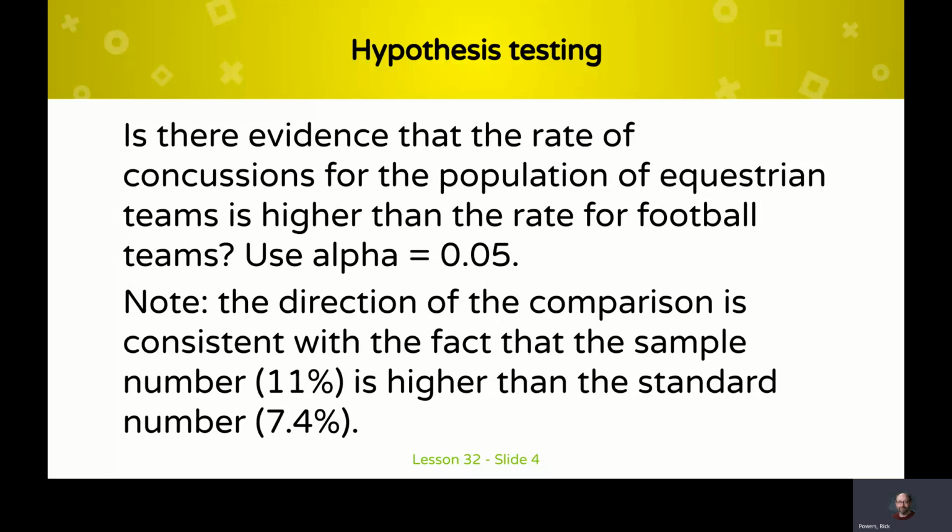Is there evidence that the rate of concussions for the population of equestrian teams is higher than the rate for football teams? Use alpha equals 0.05. Note the direction of the comparison is consistent with the fact that the sample number, 11%, is higher than the standard number, 7.4%.